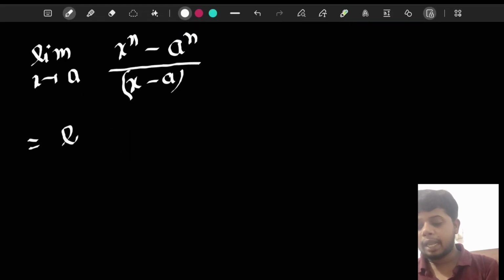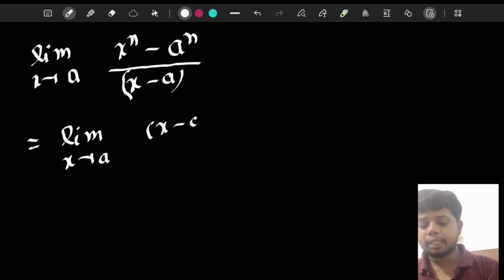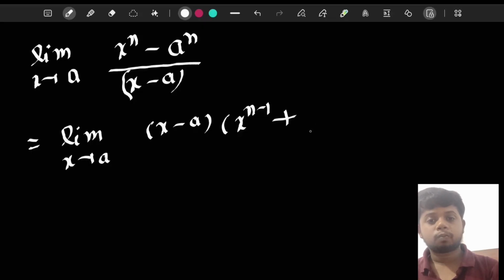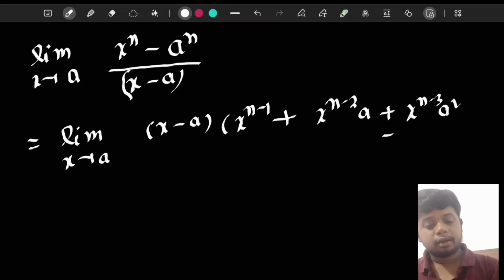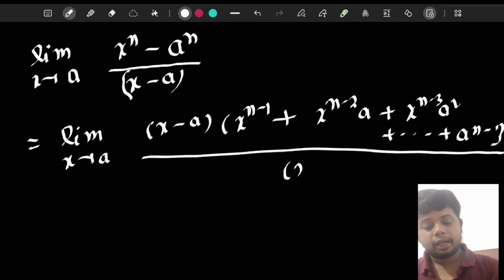I'll get limit x tending to a, and here I'll get x minus a into x power n minus 1 plus x power n minus 2 into a plus x power n minus 3 into a square plus dot dot dot a power n minus 1. And in the denominator I'll get x minus a. Can you see that this x minus a and x minus a will cancel each other?